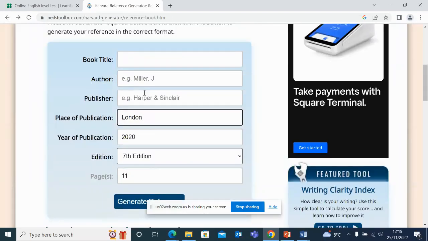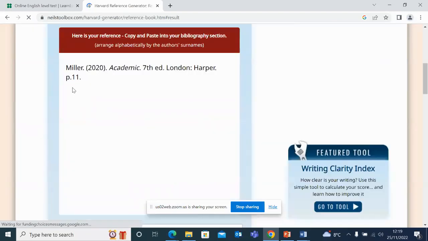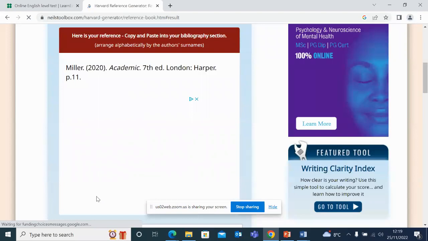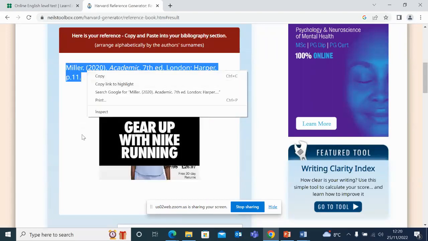London, Harper. This is an example of some of the sites that are used for Harvard referencing. Can you see that page 11? And then you can probably cut and paste that into your Word document.